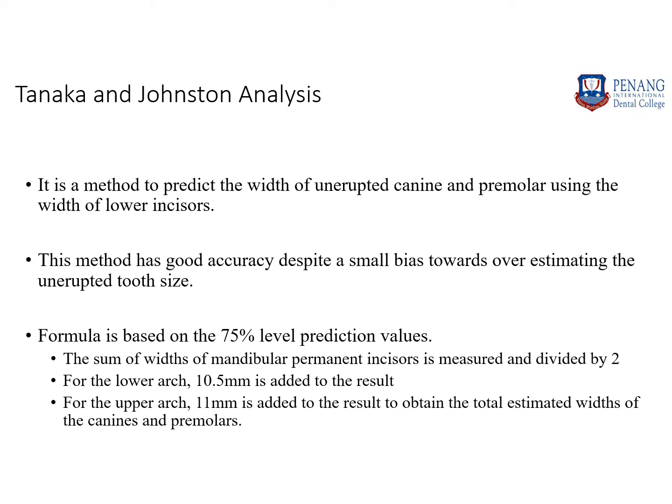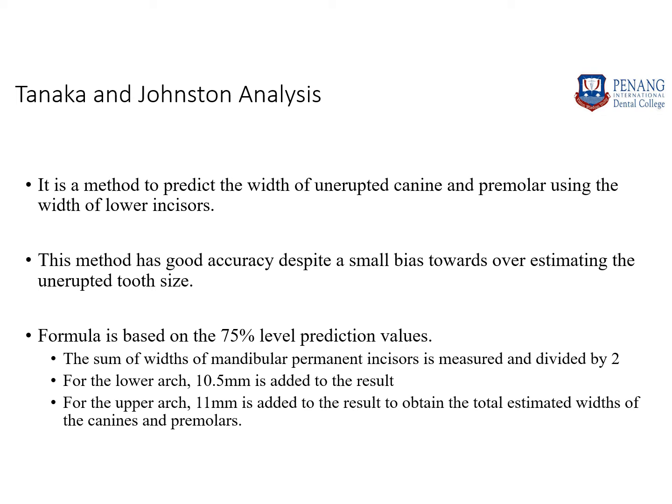Now Tanaka and Johnston analysis. So basically this will help you to predict the width of unerupted canine and premolar using the width of lower incisors. And so it has a good accuracy in its prediction and is based on a formula with 75% prediction values. So how do you do this is you will calculate the sum of widths of mandibular permanent incisors and then divide by 2.